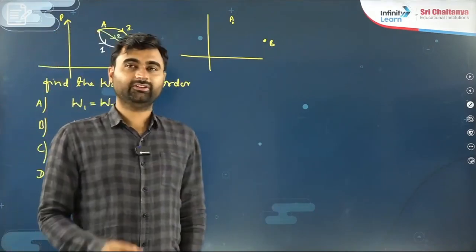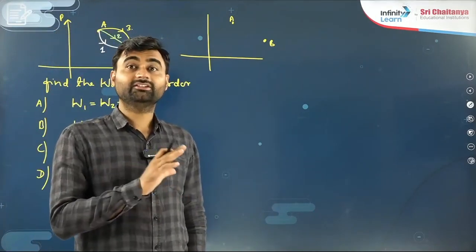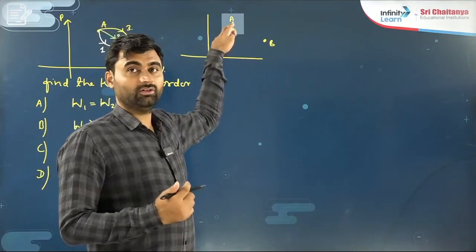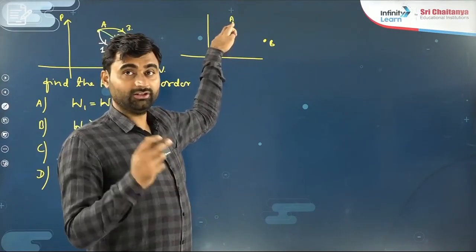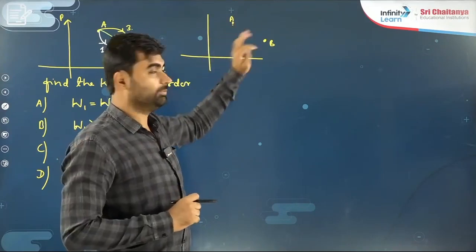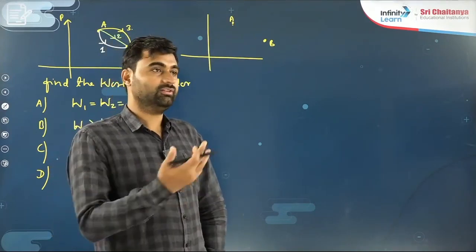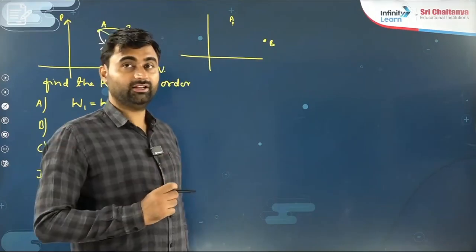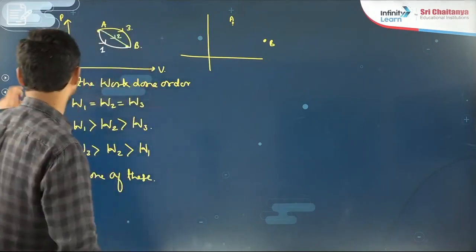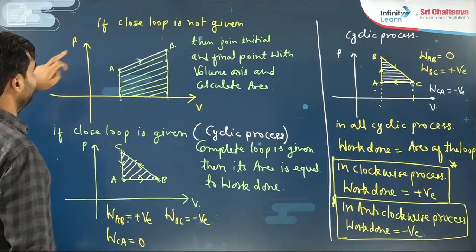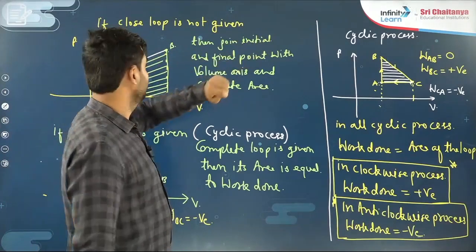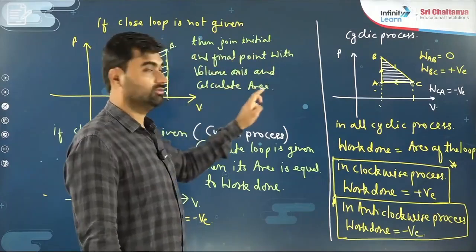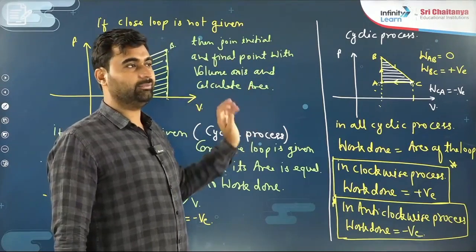So in all these processes, only a part is given, A to B. If such processes are given, then as I explained, if a closed loop is not given, join the initial and final points with the volume axis and calculate the area. So this concept you have to use here.